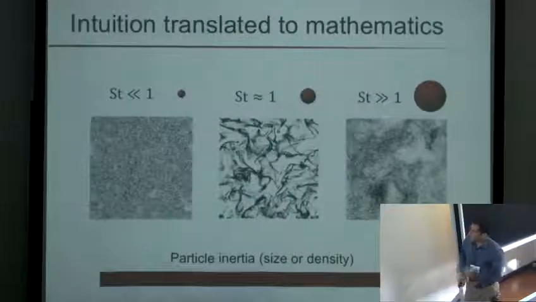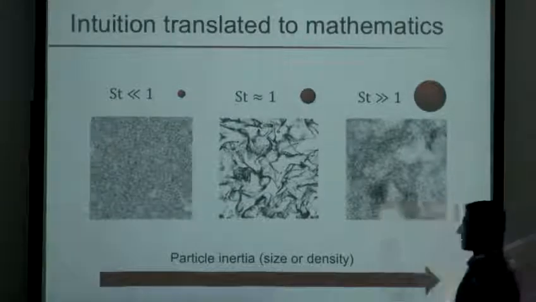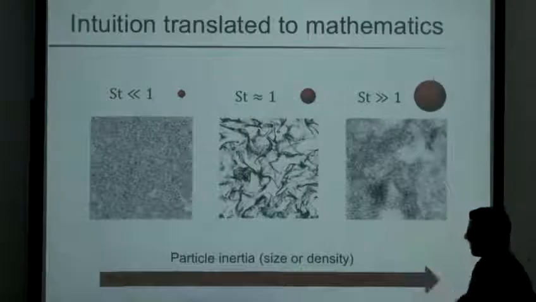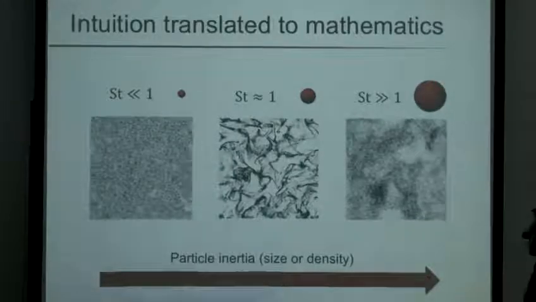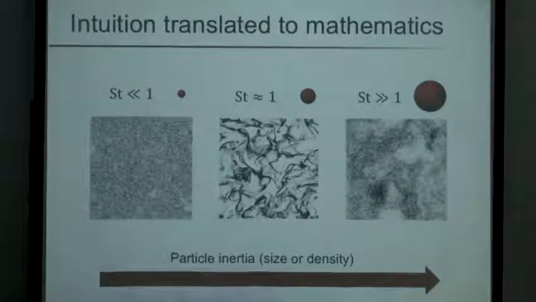All right, so what's the problem that we're trying to solve? If you take a turbulent flow, here it could be in any number of spatial dimensions. Here I'm taking a homogeneous isotropic turbulence in 3 dimensions, taking a slice of that, and releasing inertial particles in that flow. Particles could have different sizes, and depending on that size, you could observe different behaviors.